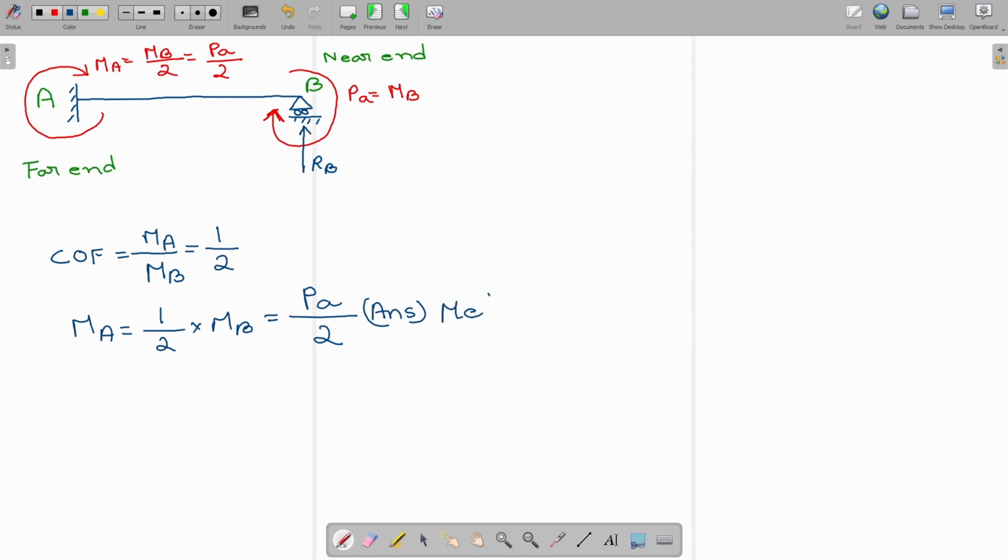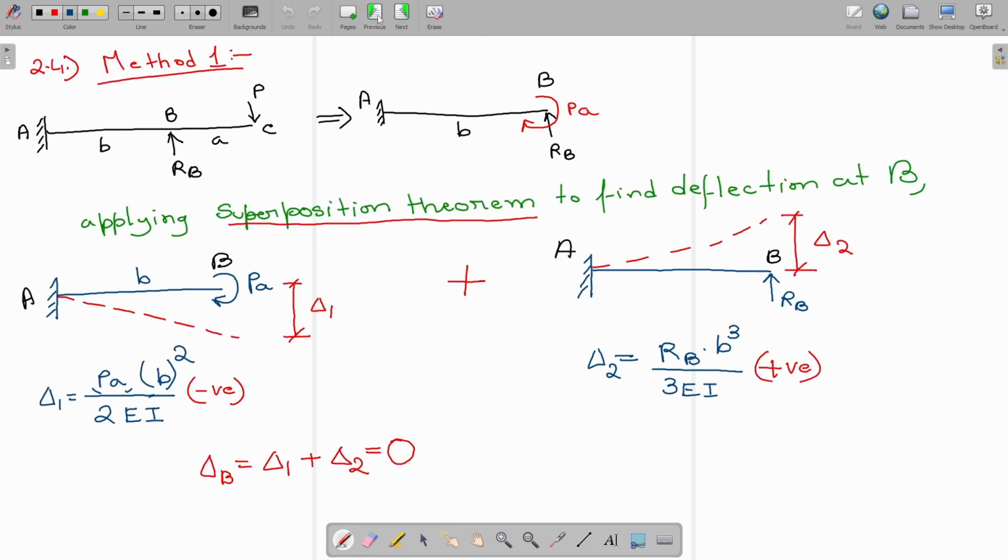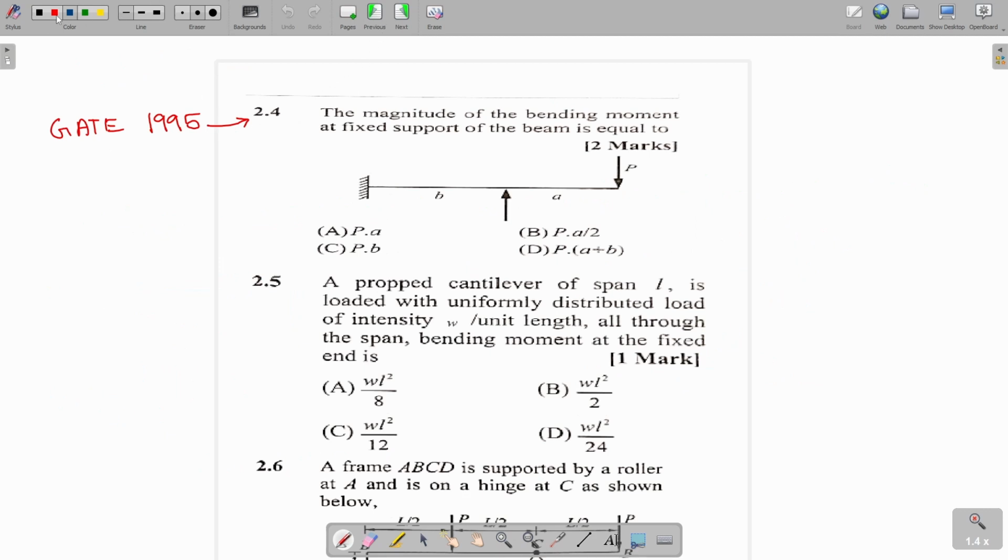Method 2. Question number 2.4 is very important. This is very, very important. The concept is very important.